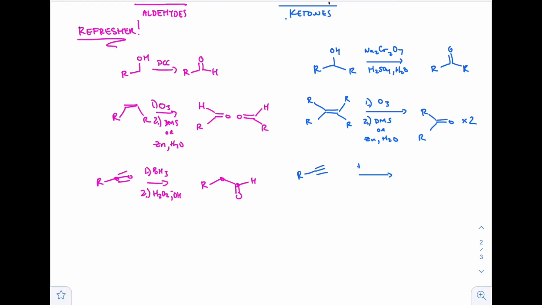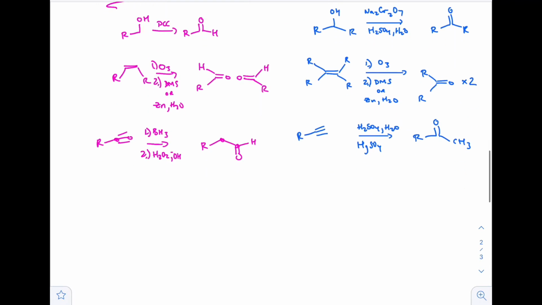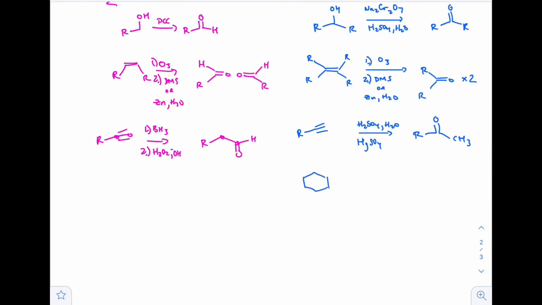So here, the alkyne again, if we hit that with sulfuric acid, water, and then mercury sulfate, that helped move this along, and we got our methyl ketone because, again, we formed that keto-enol tautomerization, but the sulfuric acid doesn't do the anti-Markovnikov addition.